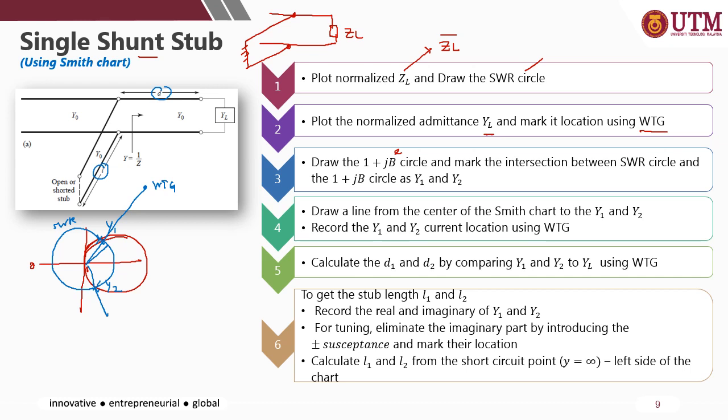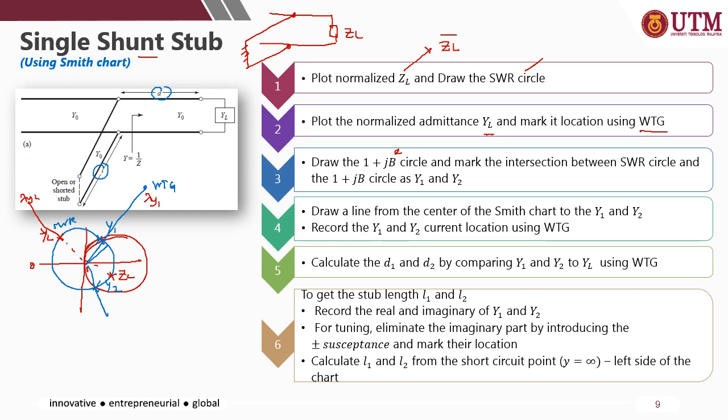So for example, your ZL is here, so you get your YL somewhere there. Here you get the YL position, the lambda for YL, and here is the lambda for Y1.